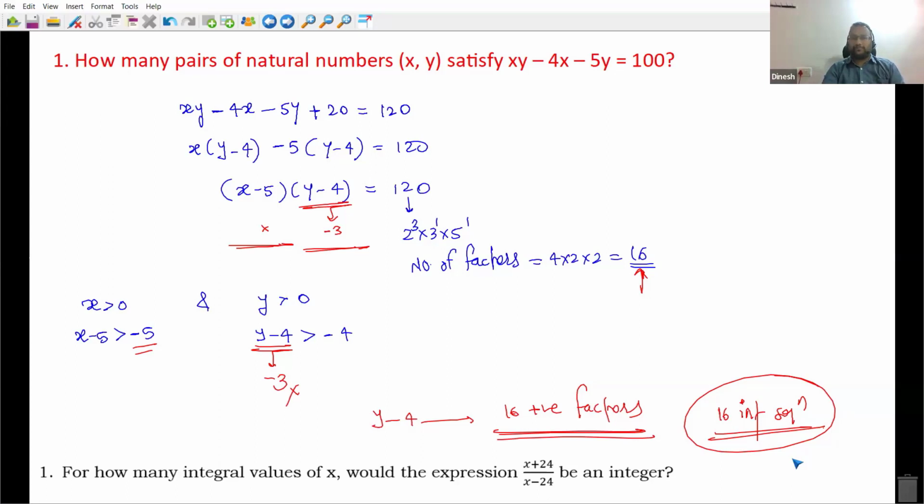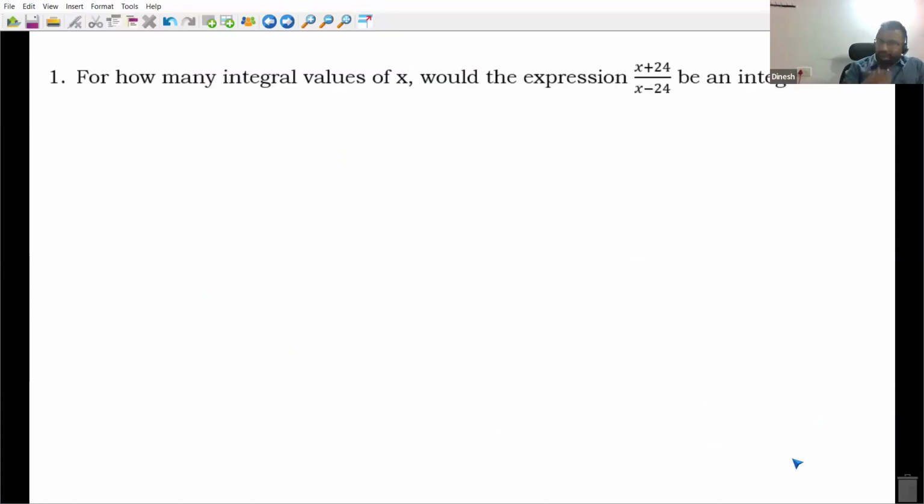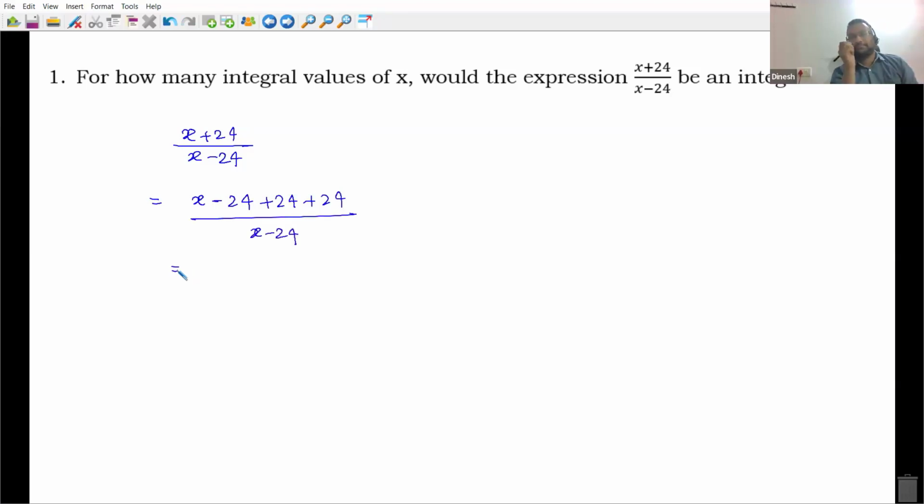Adjust the denominator into the numerator and then continue. In the numerator, we subtracted 24 and we added 24 extra.